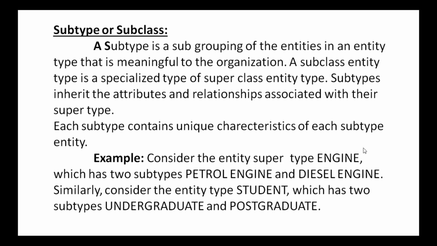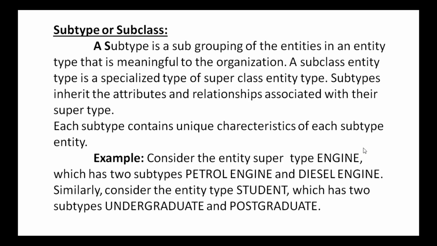Now we are going to discuss what a subtype or subclass is. Each subtype entity is a specialized type of the superclass entity type, which contains the unique characteristics of each subtype entity.